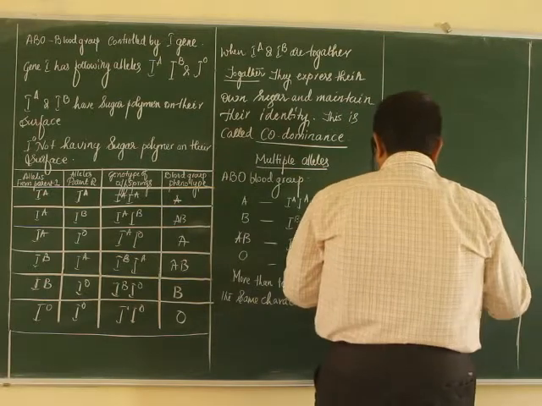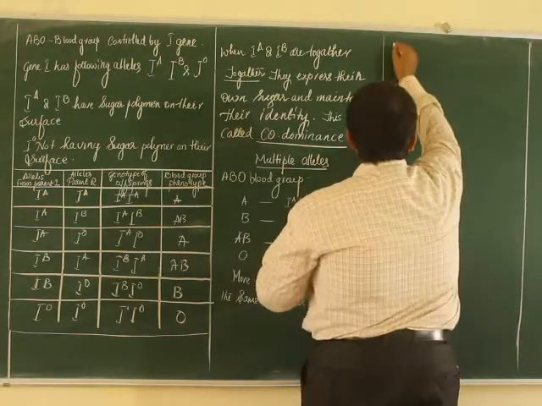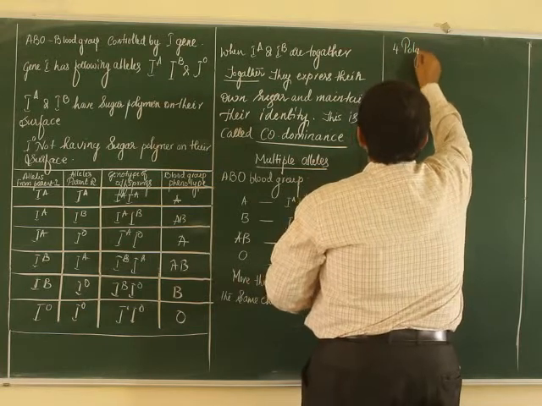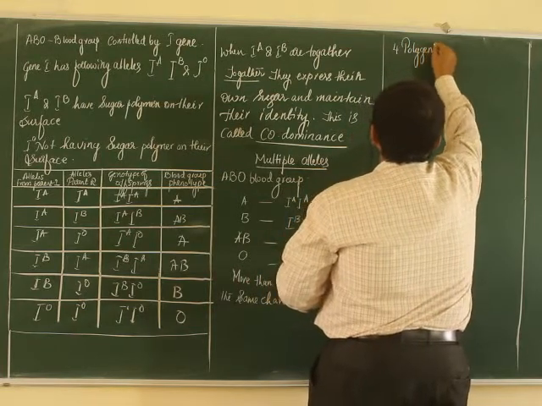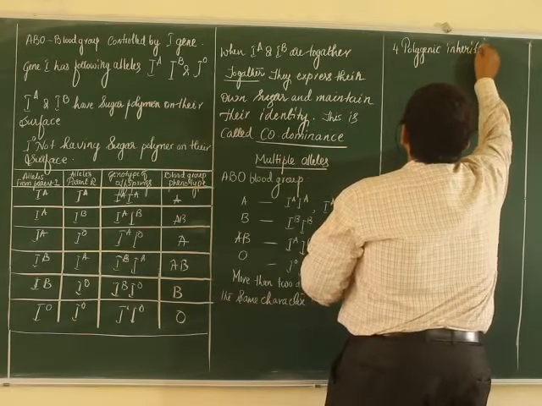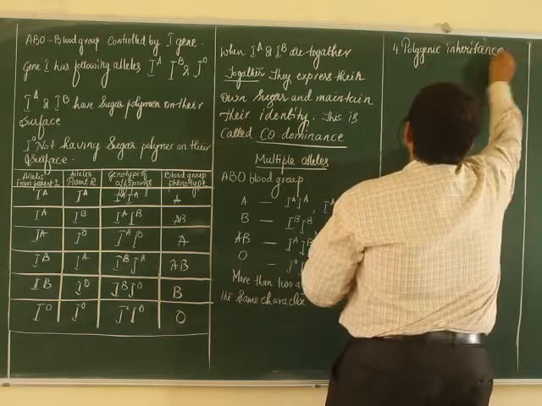Now, the fourth one, polygenic inheritance. What is this?